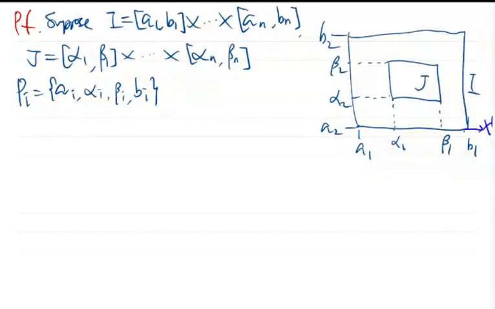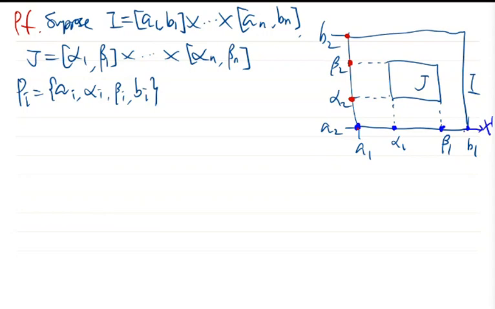Pi is {ai, alphai, betai, bi}, and this is the partition of the ith edge of the rectangle I. For example, in this picture, the horizontal points here are P1, and the vertical points a2, alpha2, beta2, b2 are P2. For every i from 1 to n, we define Pi in this way.